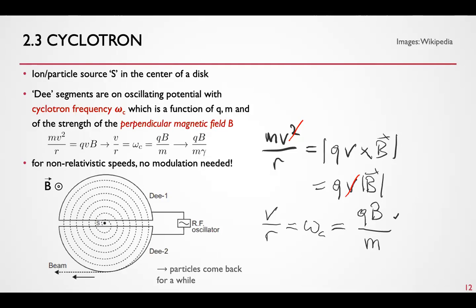And this is important because it means that the cyclotron frequency is independent of the velocity or the radius.